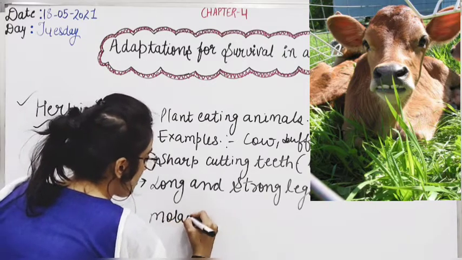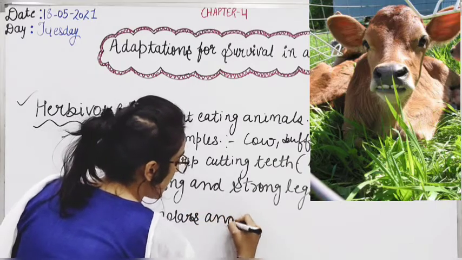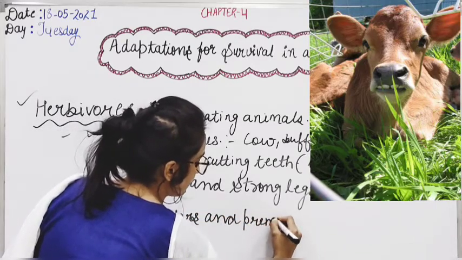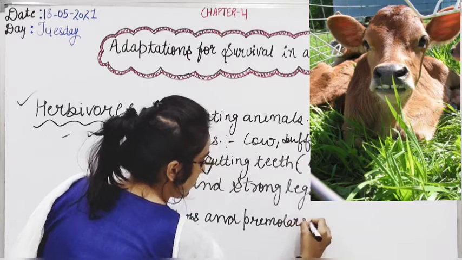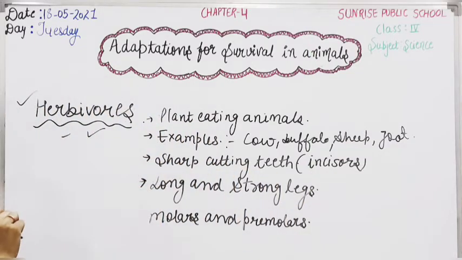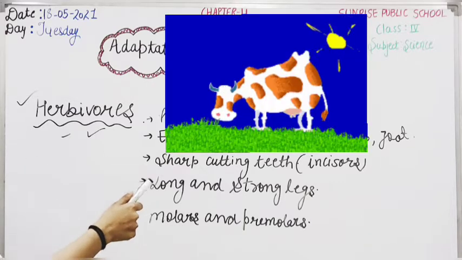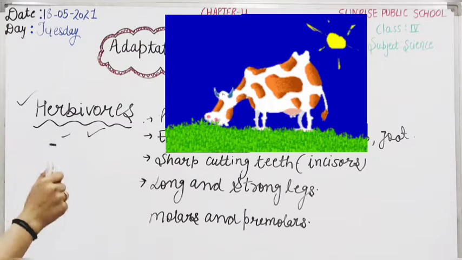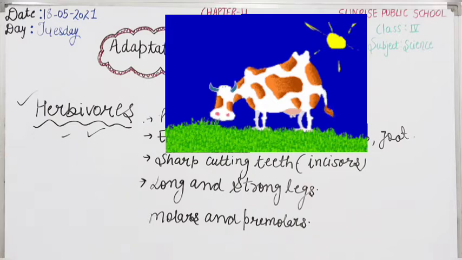They have molars and premolars. Okay, the back teeth are known as molars. So they have to chew a lot, that's why they have molars and premolars. And with sharp cutting teeth, they bite leaves and grasses.